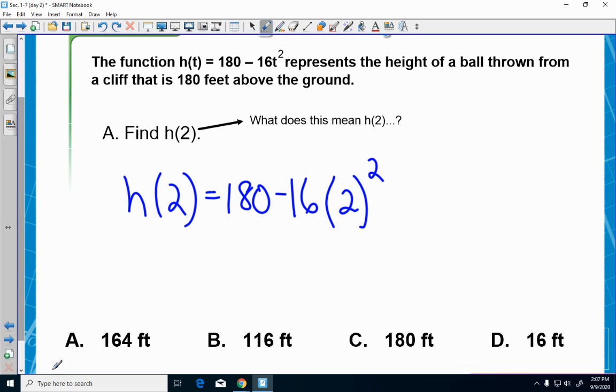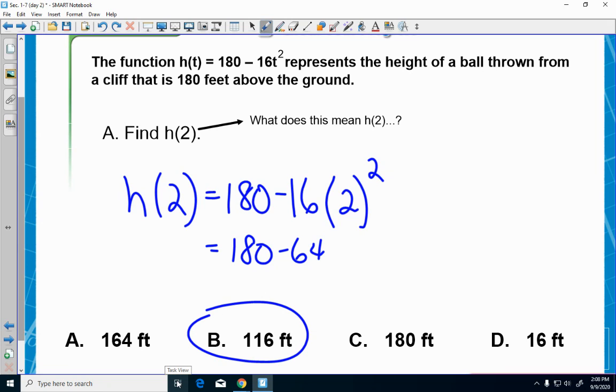Parentheses. So the only thing that it's currently attached to is the 2 or the t. So when you square down here, the only thing that should be getting squared is the 2. So that would leave you with 180 minus 16 times 4, which is 64, which means after 2 seconds, the height of the ball should be 116 feet.